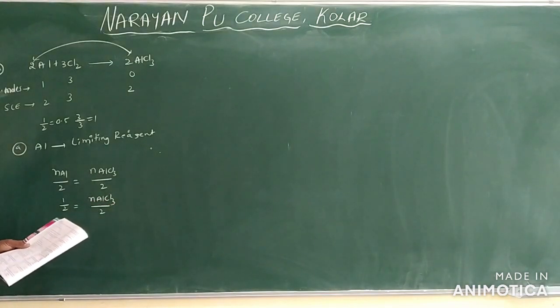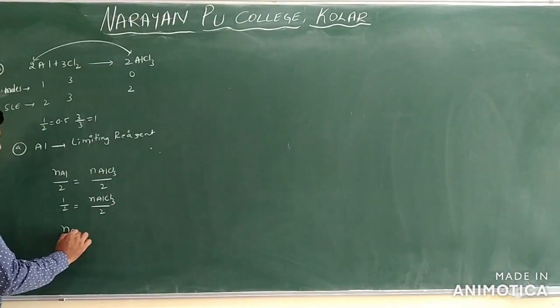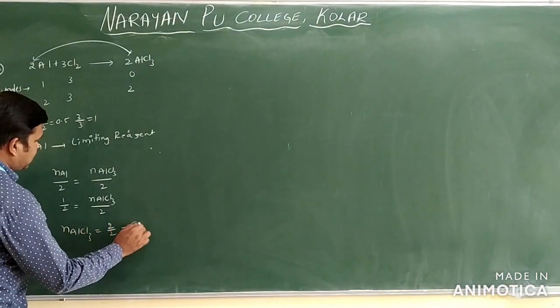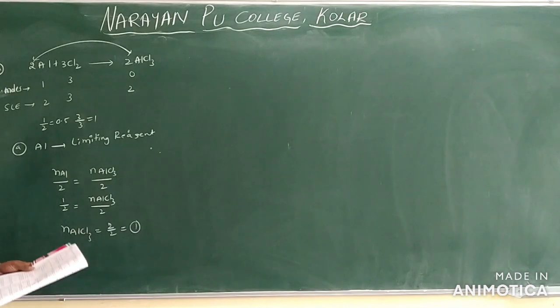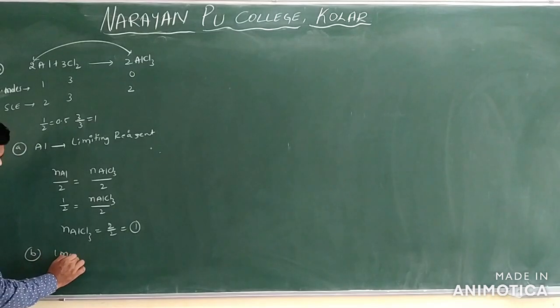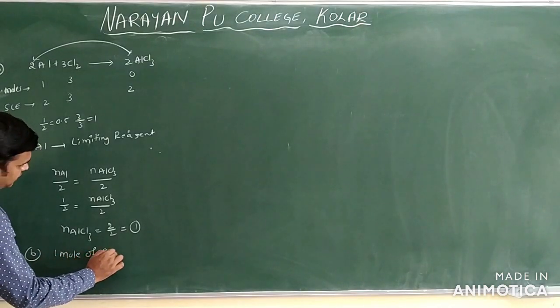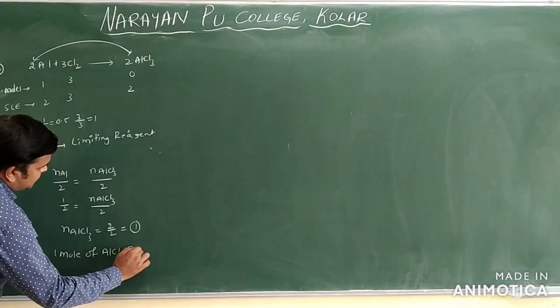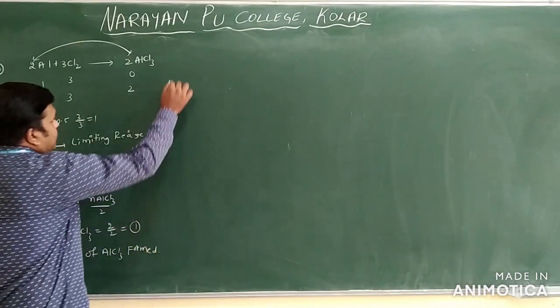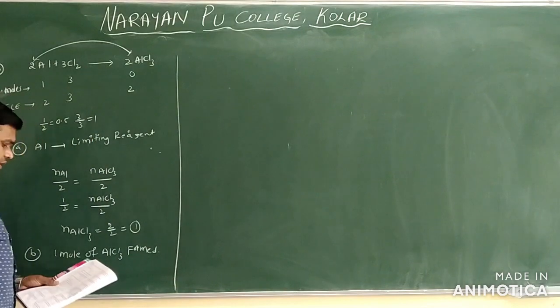Number of moles of AlCl3 is equal to 2 by 2, that is 1 only. So 1 mole of AlCl3 is formed. So A and B are over.